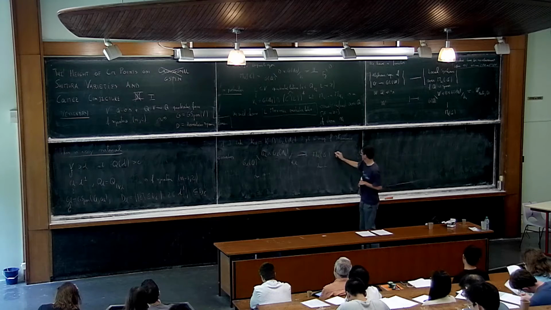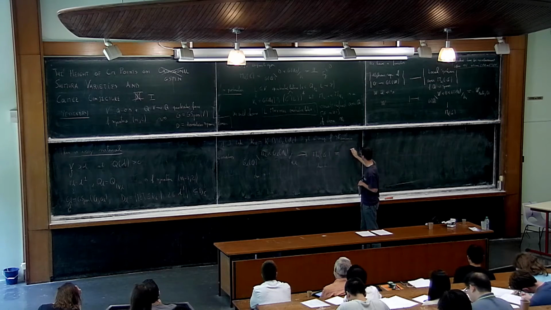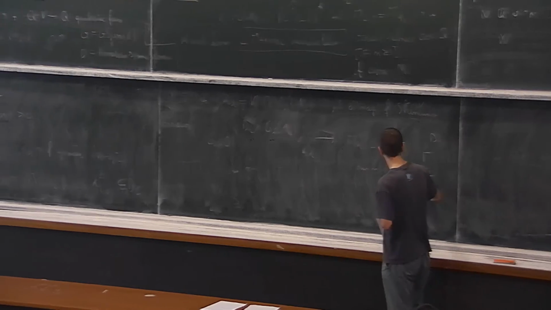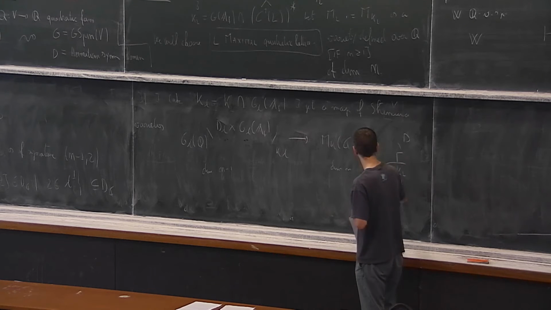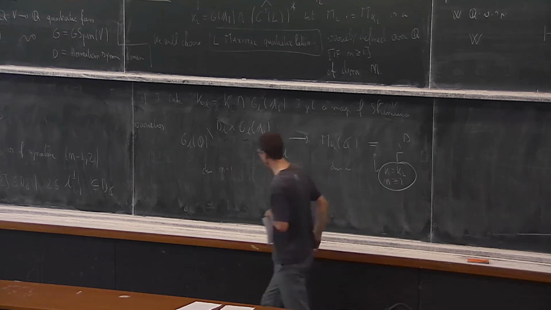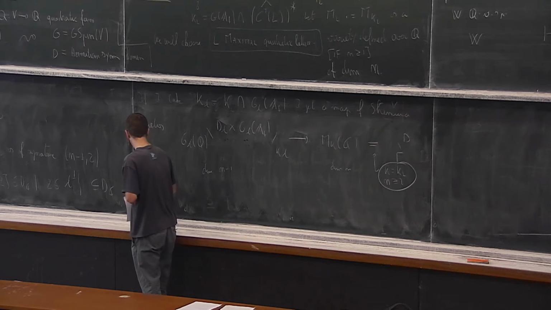So if I write this as, for example, when k is equal and n is 2, just for simplicity, okay, then the image, so let me tie together what I did so far.